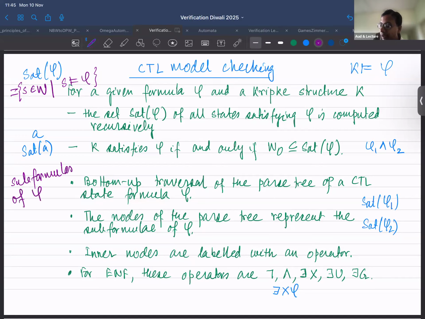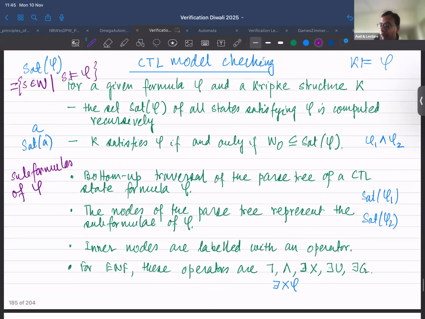For each subformula phi prime, we'll compute SAT of phi prime. And if you recall, we can express a formula phi using its parse tree.